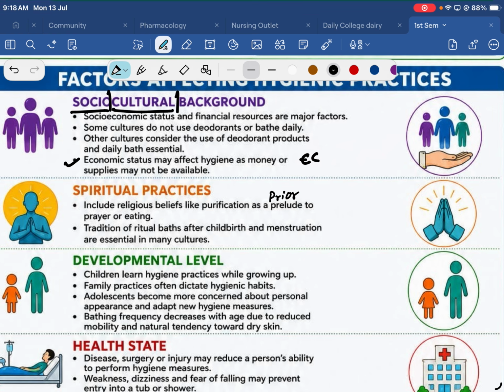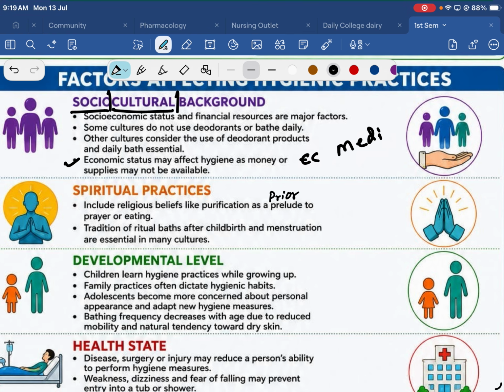So economic status has a direct connection to having the supplies that provide articles for hand hygiene or bathing. Some supplies are very costly, like medicated soap.